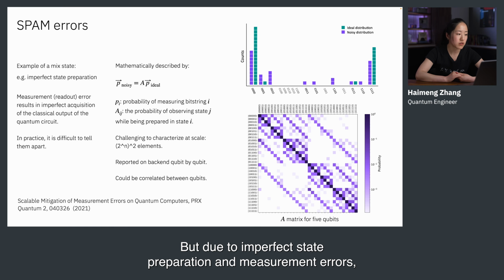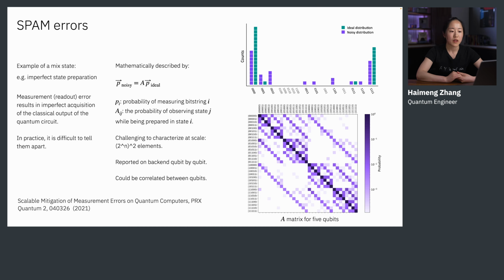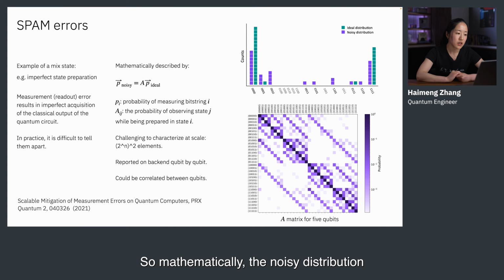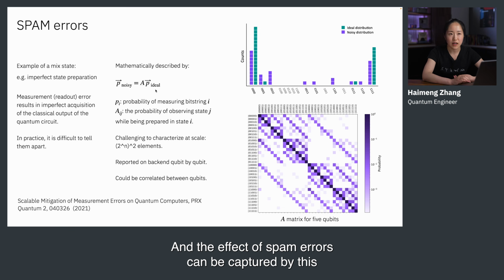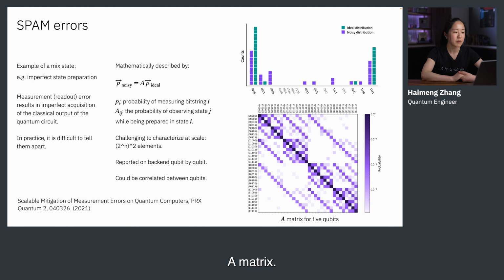But due to imperfect state preparation and measurement errors, we can get bit strings that are away from this ideal distribution. Mathematically, the noisy distribution and ideal distribution can be related in this form over here, and the effect of SPAM errors can be captured by this A matrix.